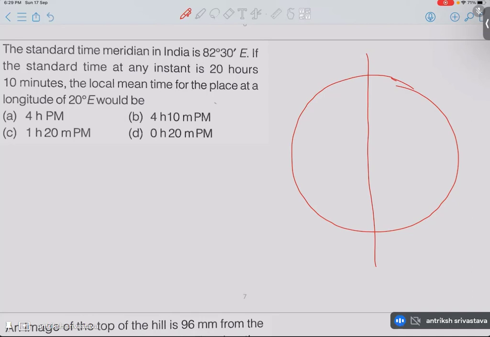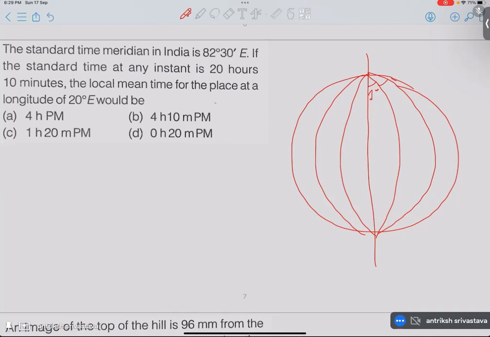And what we have done is we have divided our Earth into longitudes, some vertical lines, like this, 1 degree. Like this, we have divided our Earth, and there are time zones. So this will be one time zone, and this will be some other time zone. I think you should be familiar with this, right?